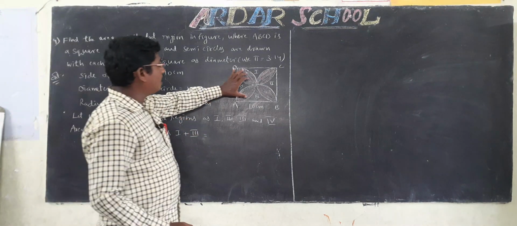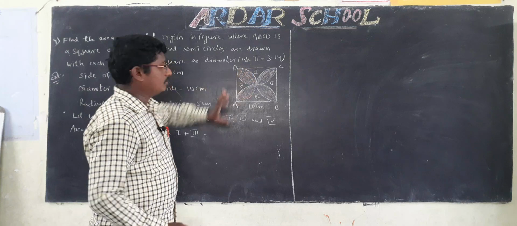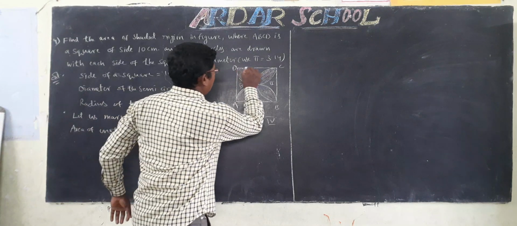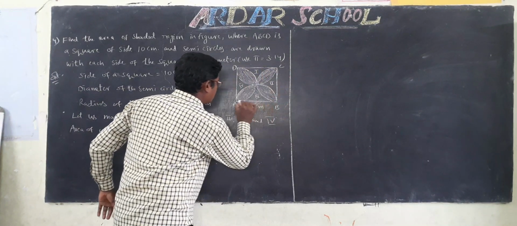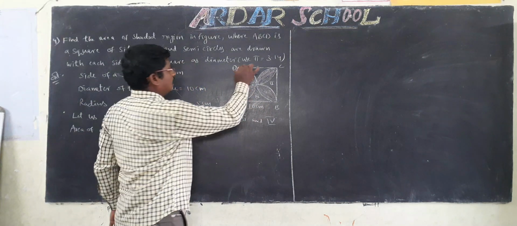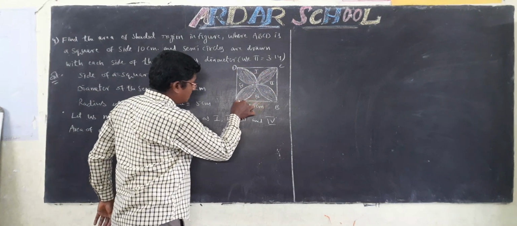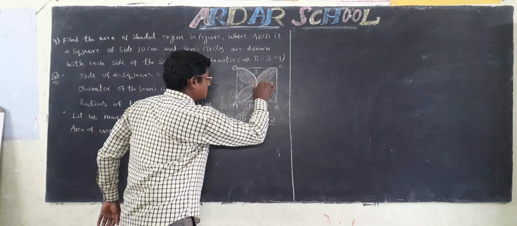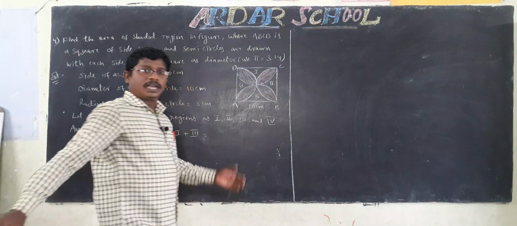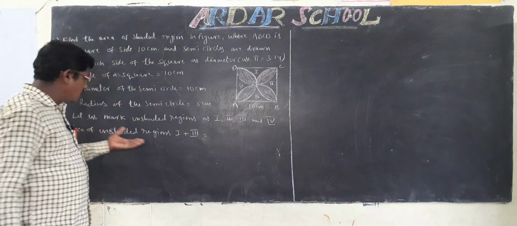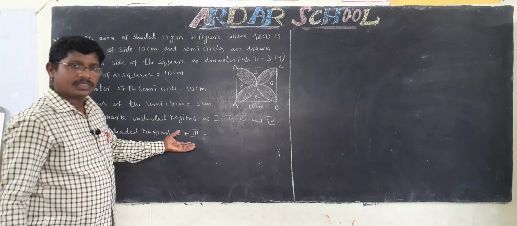So how to find the area of unshaded regions 1 plus 3? The area of a square minus the area of two semicircles. These are the two semicircles. Then we get the area of unshaded regions 1 and 3.